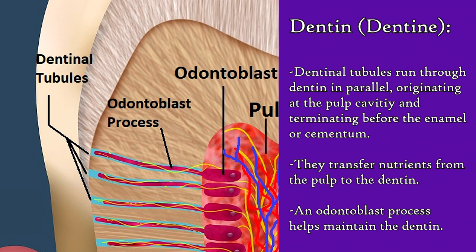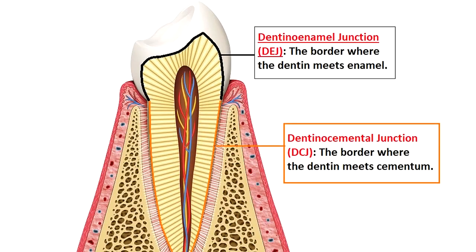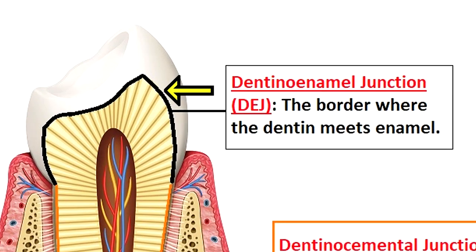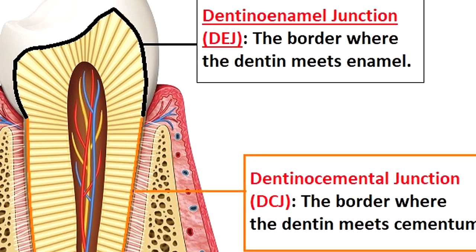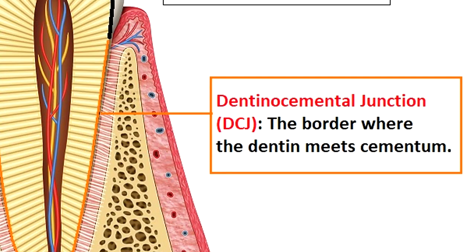Because these tubules originate at the pulp of the tooth, which contains all the vessels and nerves, any damage to the enamel or gums can affect these tubules, which may result in tooth pain or sensitivity. And the border where the dentin meets the enamel is called the dentino-enamel junction, or DEJ for short, and the border where the dentin meets the cementum is called the dentino-cemental junction, or DCJ for short.